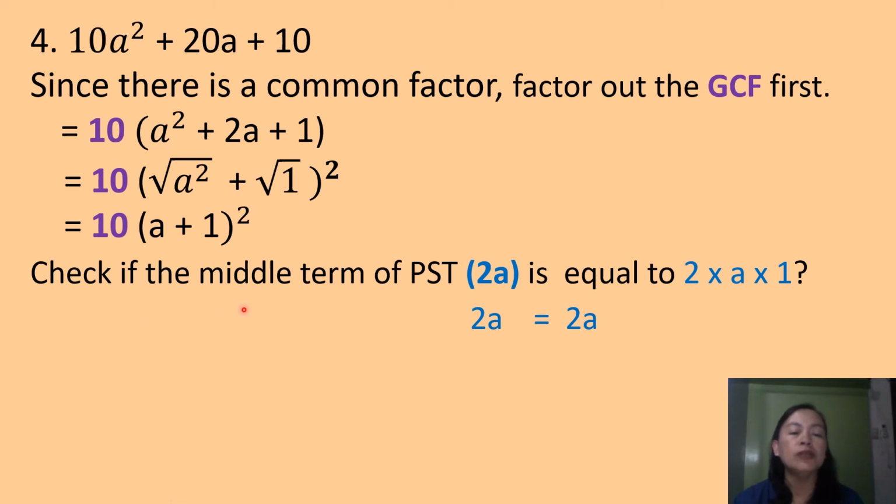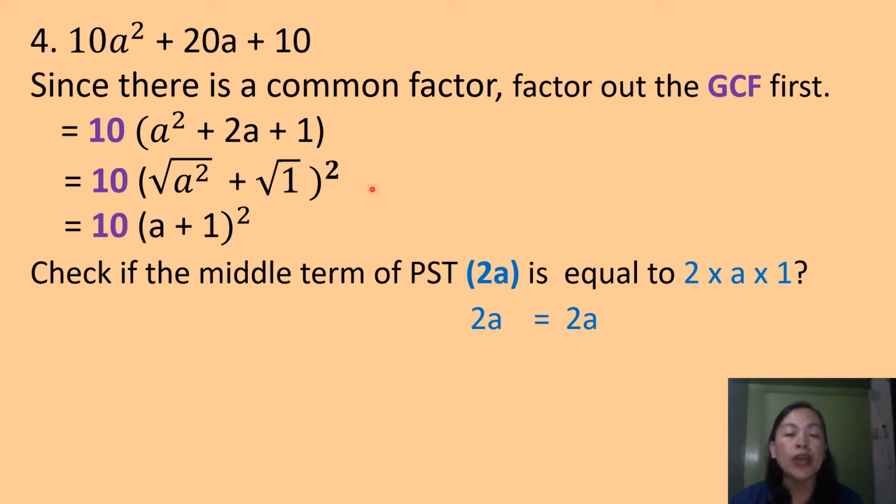Check if the middle term of the perfect square trinomial, this is the perfect square trinomial, okay? Remember, this is not the perfect square trinomial. Yan yung original trinomial. Okay, na kung saan, finactor natin yung GCF na 10. Itong naiwan na factor dito, the polynomial factor here, is the one that is the perfect square trinomial.